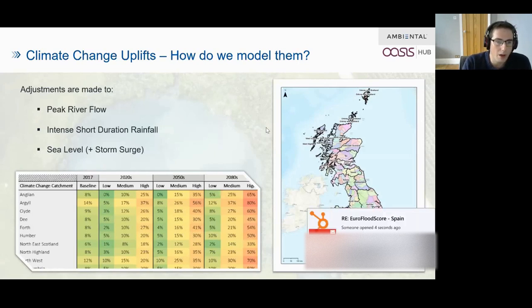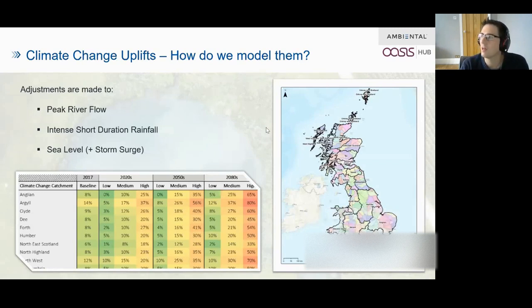So essentially what we're doing here is we're translating climate model outputs, which might be things like temperature changes or amounts of averages of rainfall, changes in patterns, into more specific things like short duration intense rainfall or things like peak river flow.